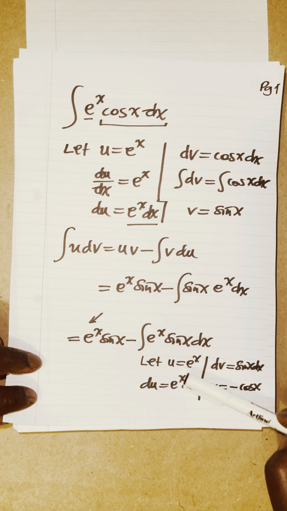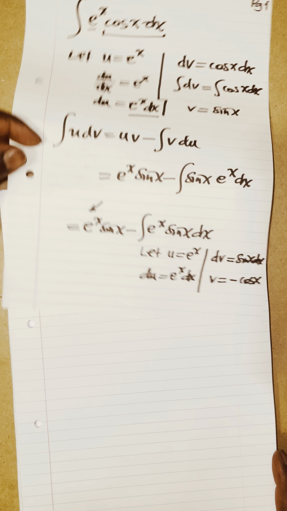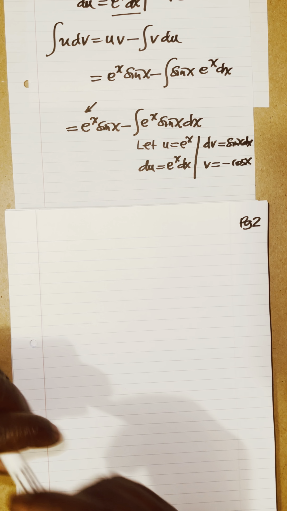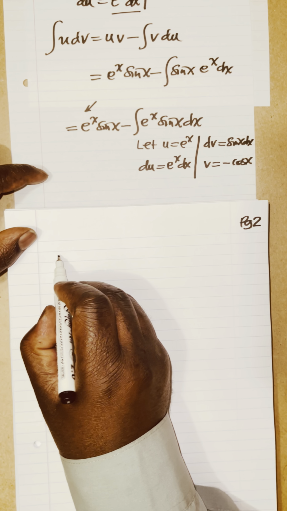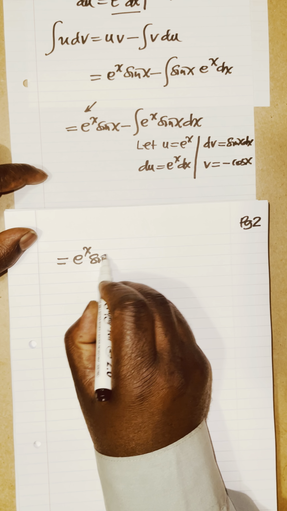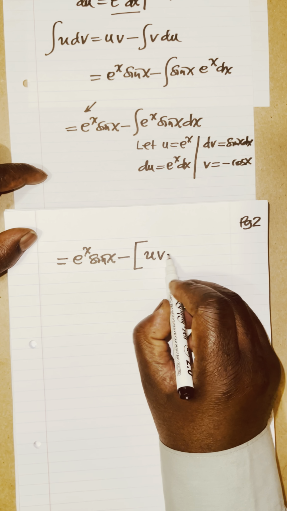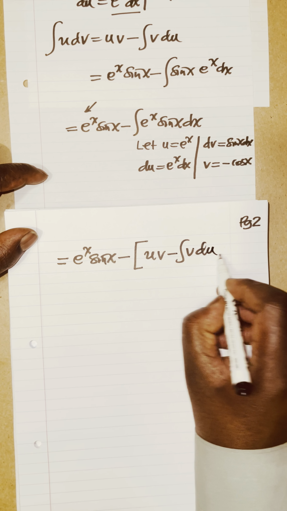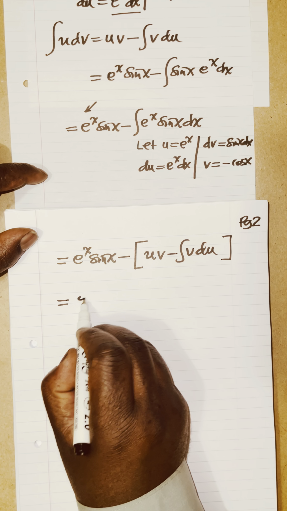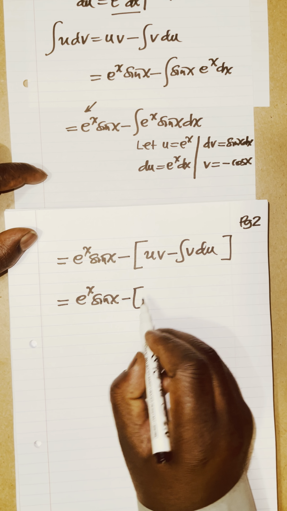So we apply integration by parts on this part. That part there is maintained: e to the power x sine x, and then minus. Now I have to use uv minus the integral of v du. Remember the formula for integration by parts. What is uv?